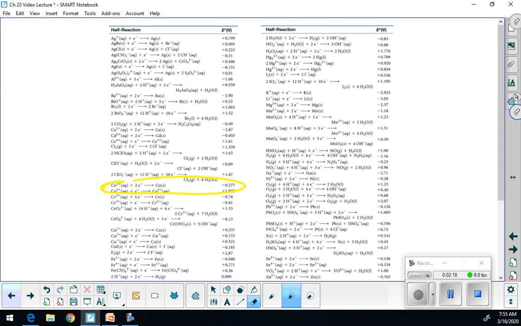AgCl going to Ag. And that's a positive 0.222. All right, good. I can answer this now.